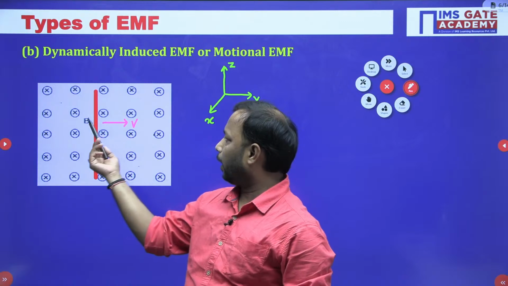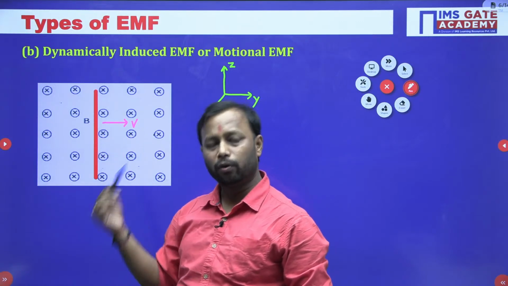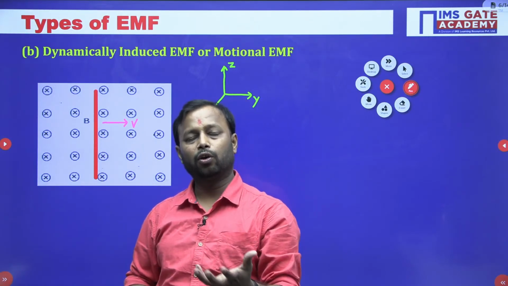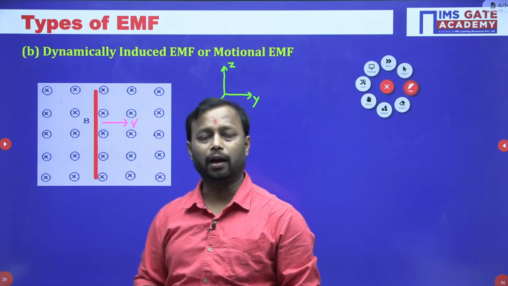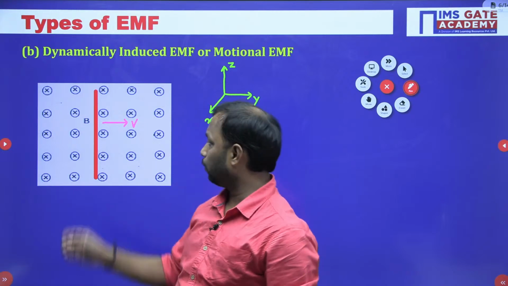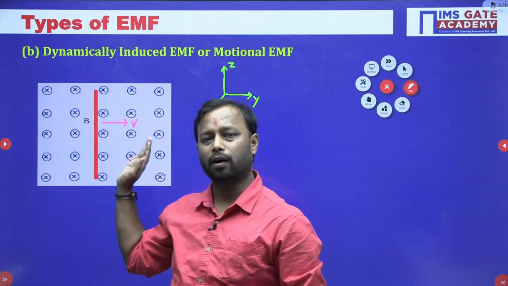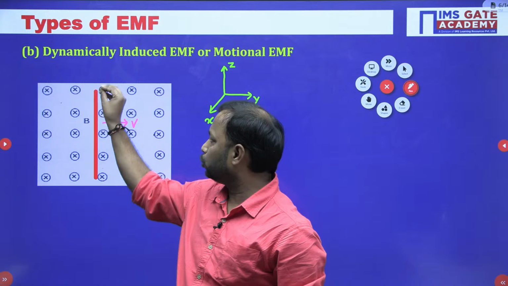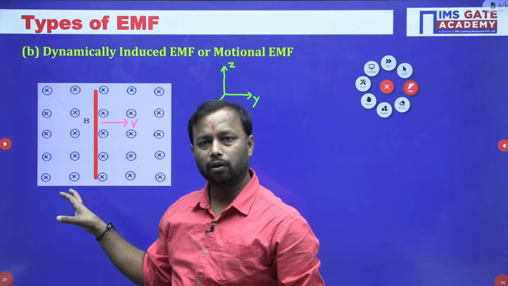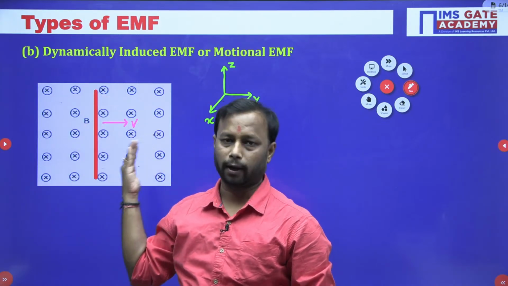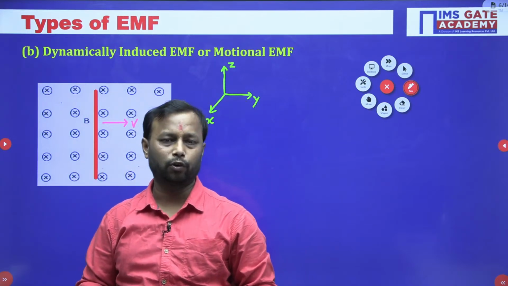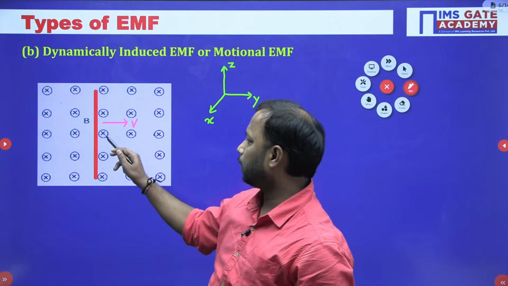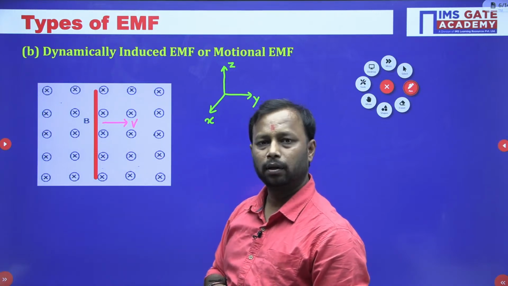Now, as soon as your conductor is moving, in the same way your charge is going to be moving inside this conductor. Did you understand what I said? As soon as this conductor moves, whatever charges are inside it will flow along with it. Am I clear?